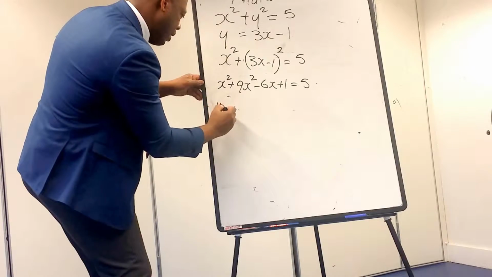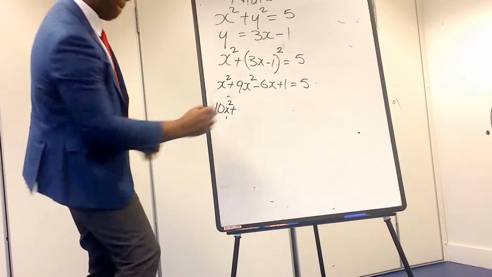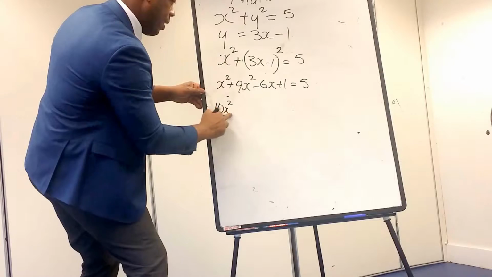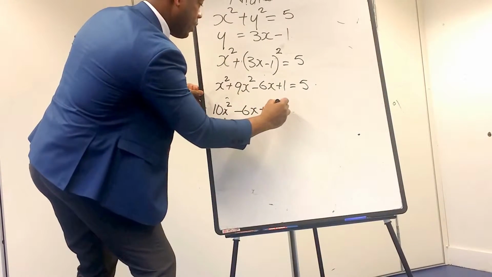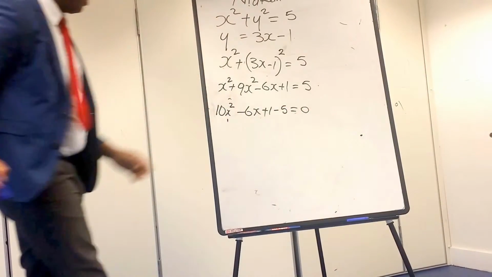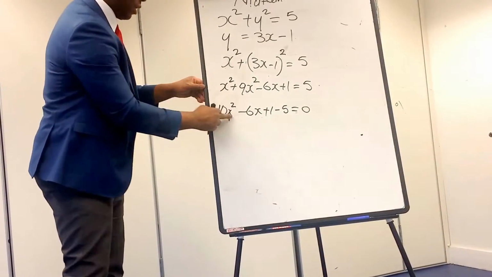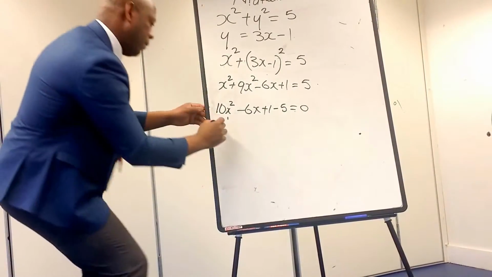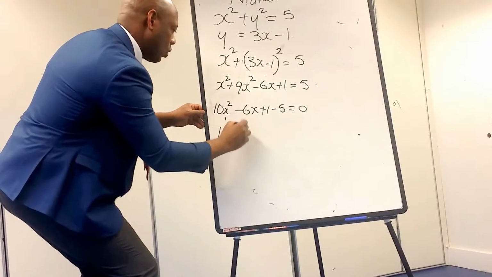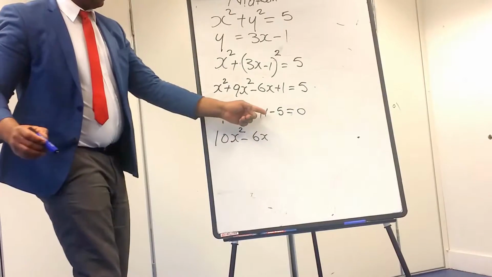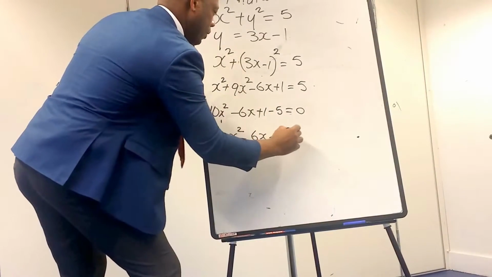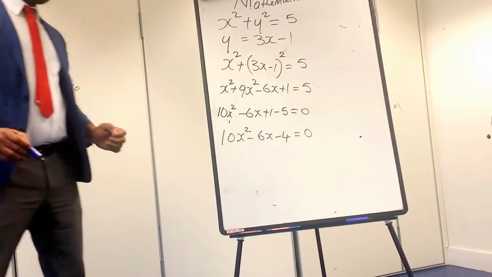So we have 10x squared minus 6x plus 1 take away 5 is equal to 0. Okay? So now we can simplify this. So now we will have 10x squared minus 6x minus 4 is equal to 0.